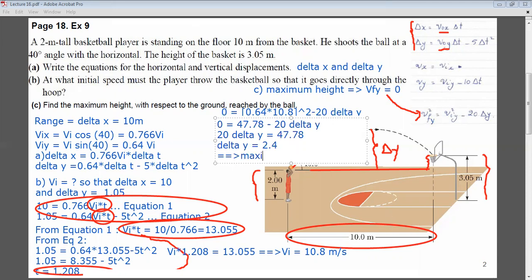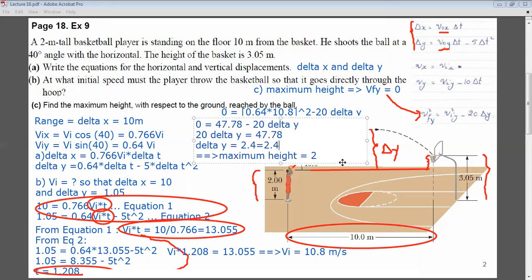So maximum height is equal to 2 plus 2.4, which implies height equal 4.4 meters.